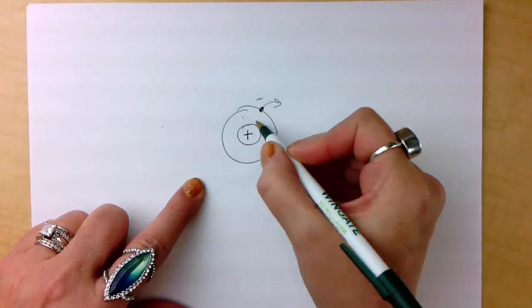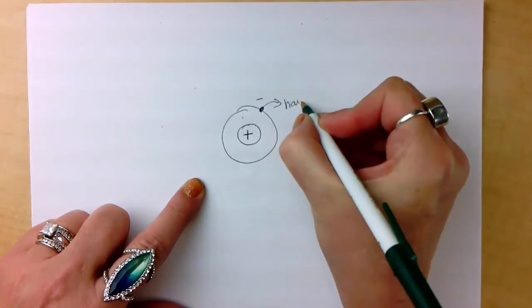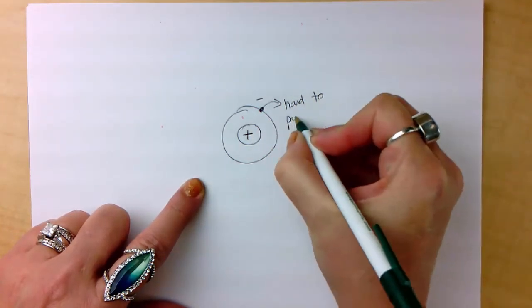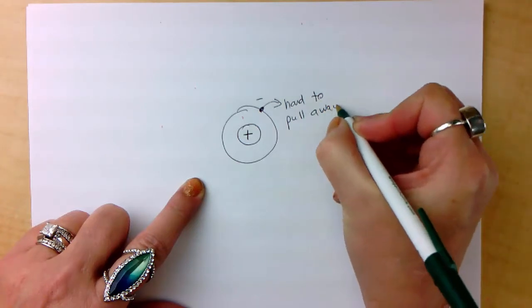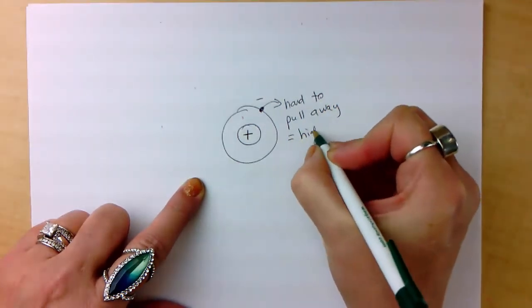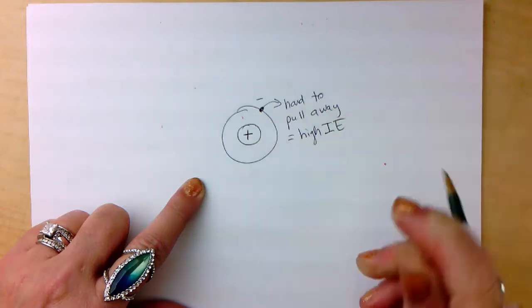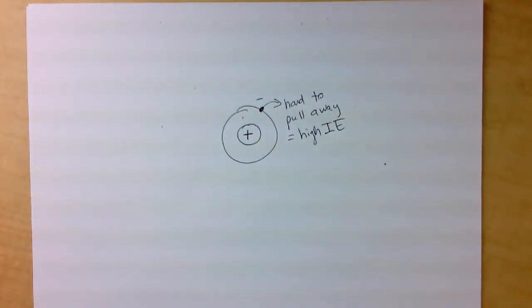There's a lot of attraction here. So this is going to be hard to pull away. It's going to equal a high ionization energy because it's so small. The electron's so close. It's going to hold on to it tightly. It's going to be hard to pull away.